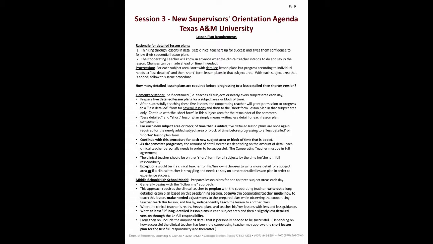Once these 5 lessons have been successfully taught, the clinical teacher will be given permission by the cooperating teacher to utilize a less detailed form for several lessons before moving to the short form in that subject area only. Note that less detailed and short form simply means using the same form as used for the detailed lesson plan, but writing less detail for each component. And remember that they could also choose to use that horizontal format if they wanted to.